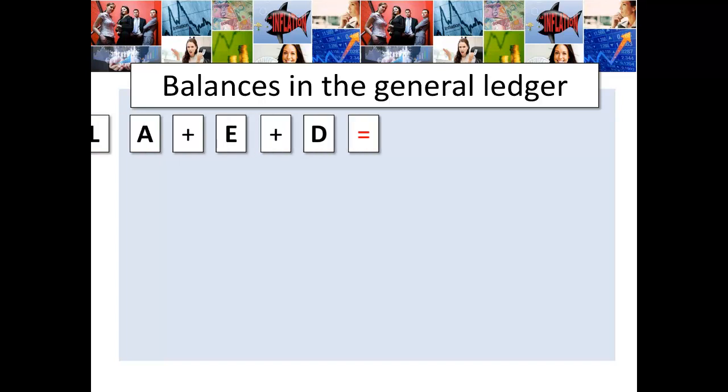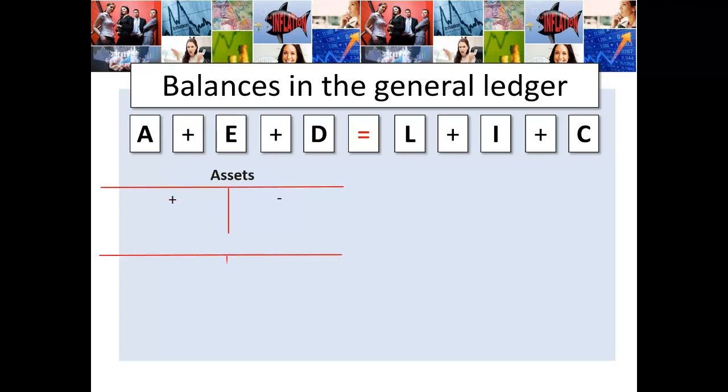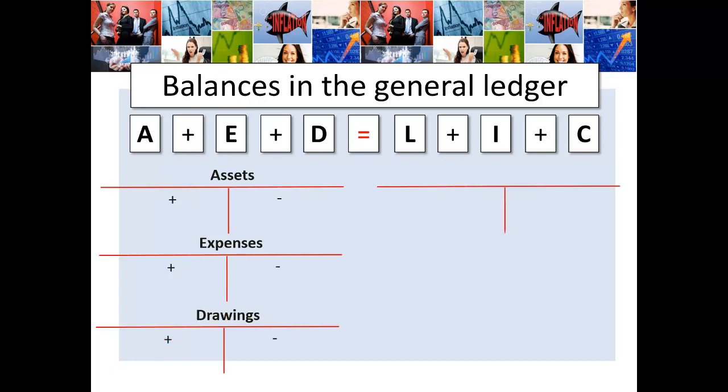Right, balances in the general ledger. Okay, AED on the left hand side: assets, expenses and drawings, positive, negative, positive, negative, positive, negative.